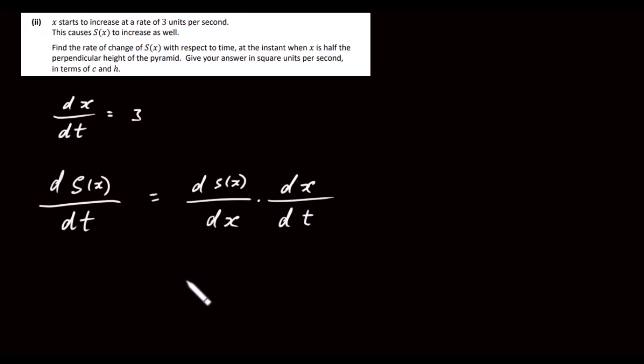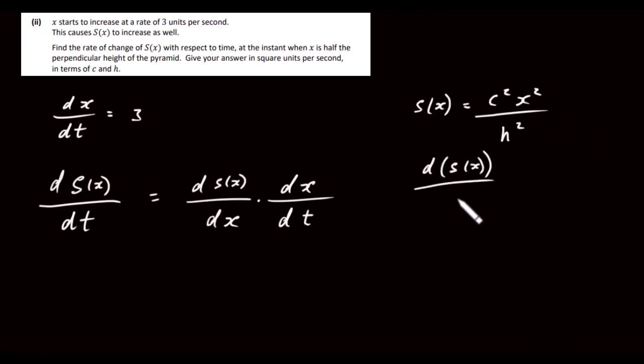Okay, so let's put in our values that we know. Well, we have dx/dt, so we can put a 3 in here. Now ds(x)/dx we don't know, so we've got to differentiate s of x. So let's do that. So we know that s of x is equal to c squared x squared over h squared. So we want ds(x)/dx. What do you do?